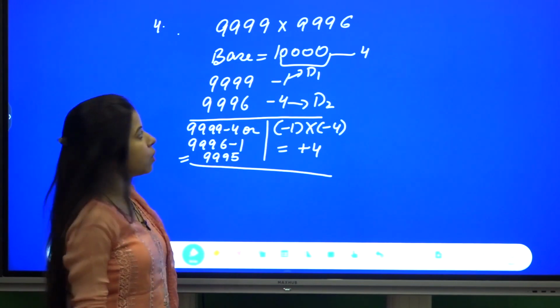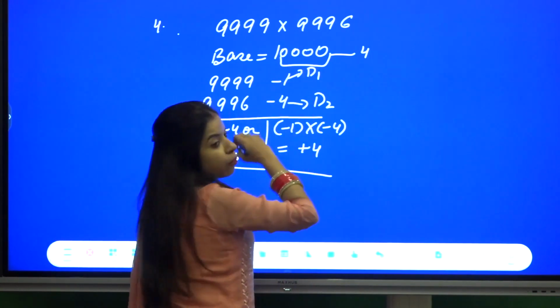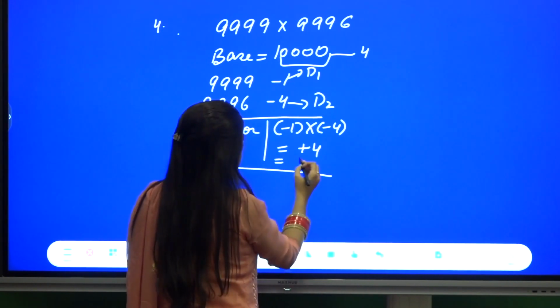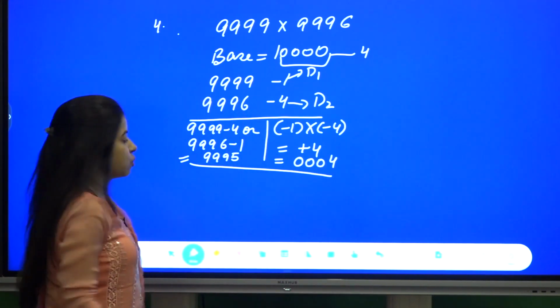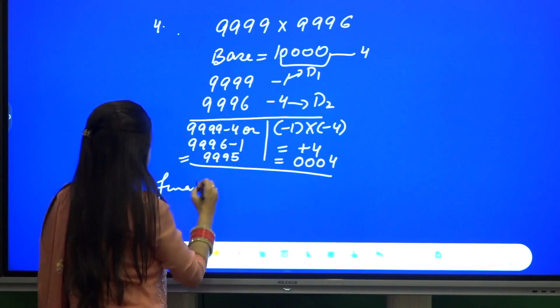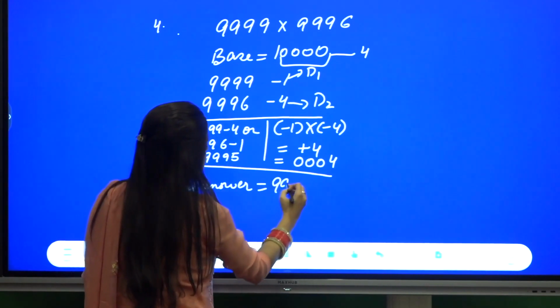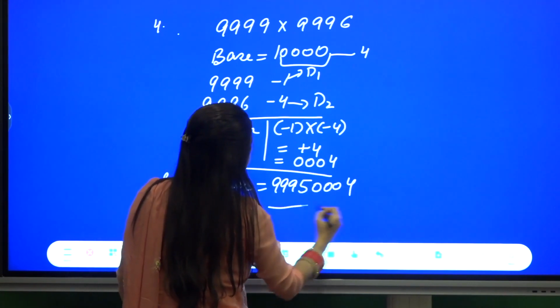Now here we observe that the number of digits after 1 in the base is 4. So 4 will become 0004. So the final answer is 9995004.